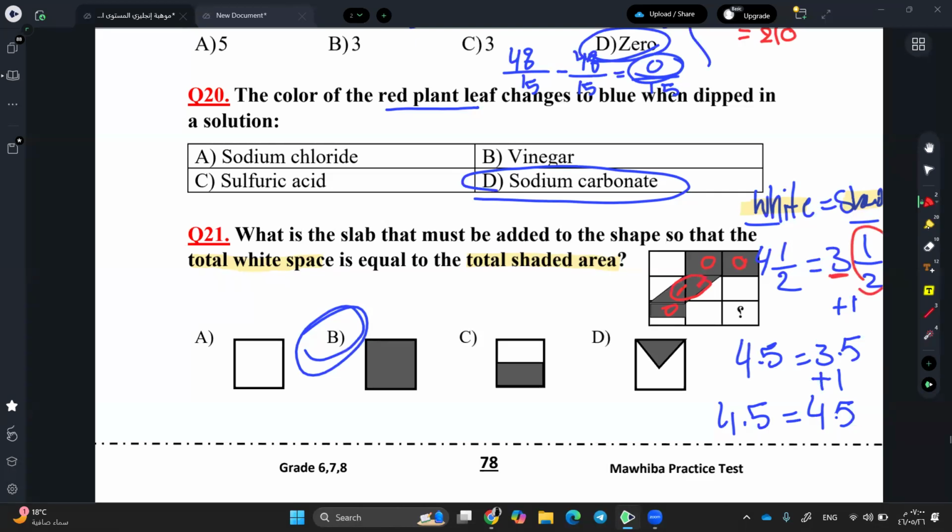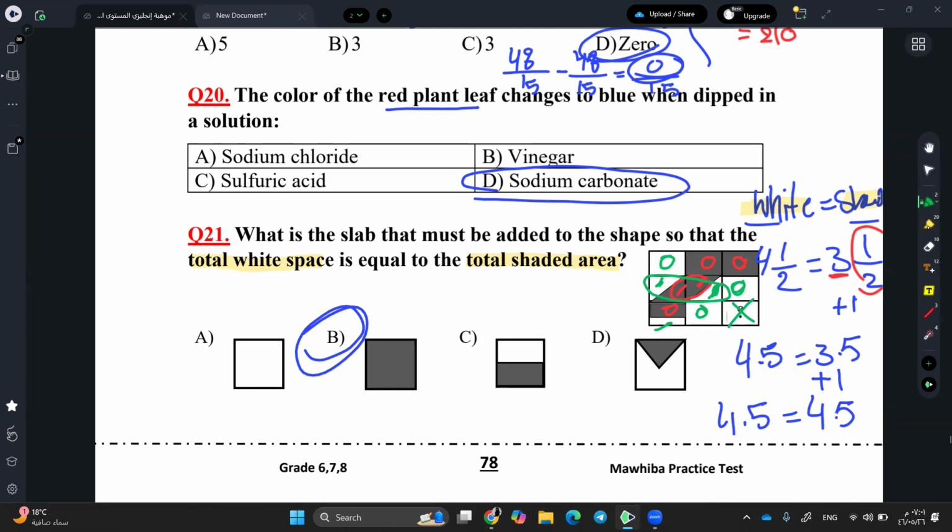This is for the shaded area. And for the white area, here's going to be 1, 2, 3, and then this is a half, and this is a half, so it's 4 and a half. And this is the area that we're going to replace. Okay, don't count this area because here's the question.